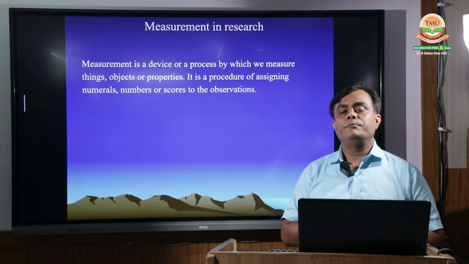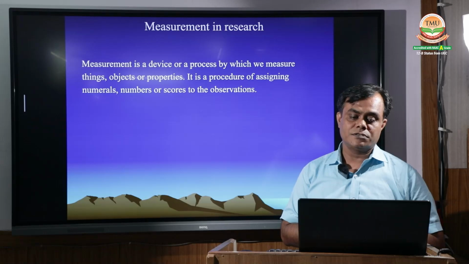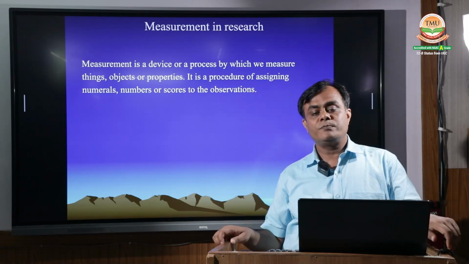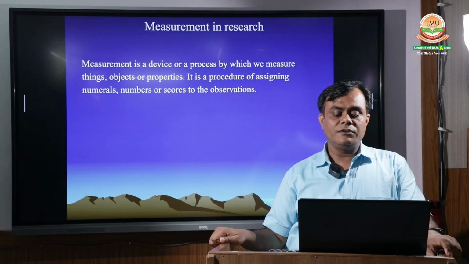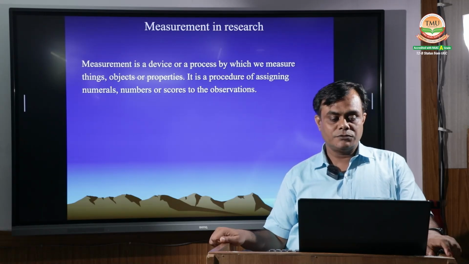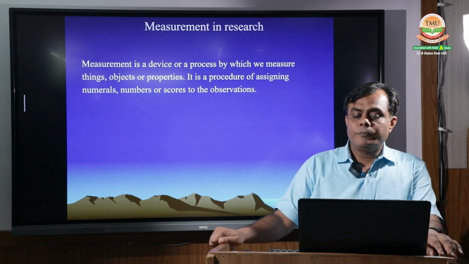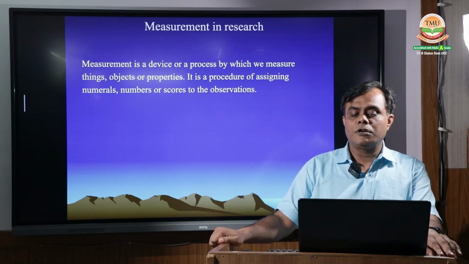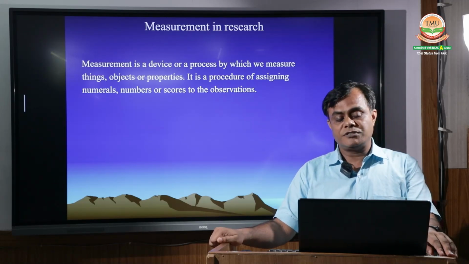Next is measurement in research. Measurement is a device or process by which we measure things, objects or properties. It is a procedure of assigning numbers or scores to observations.